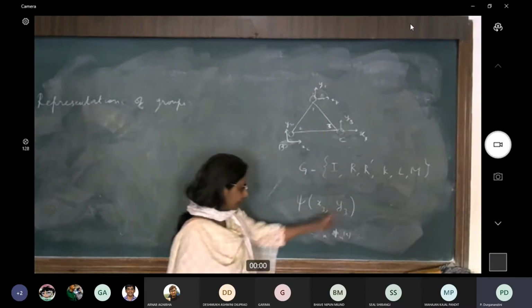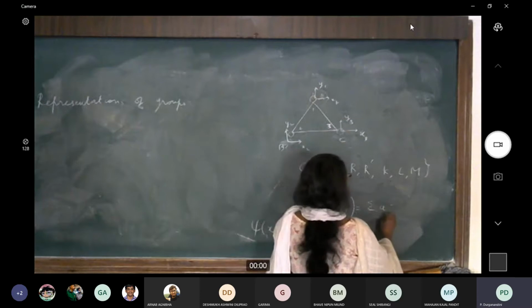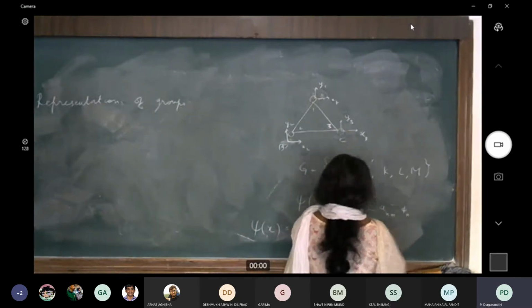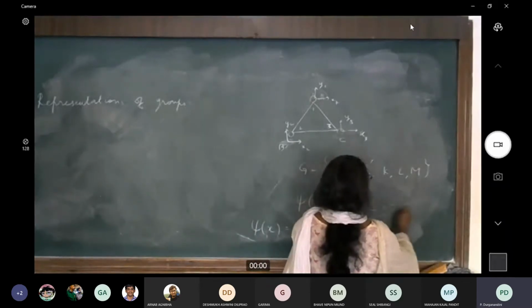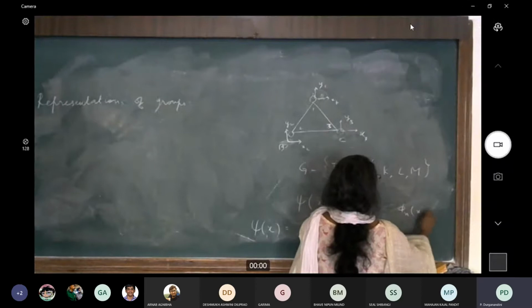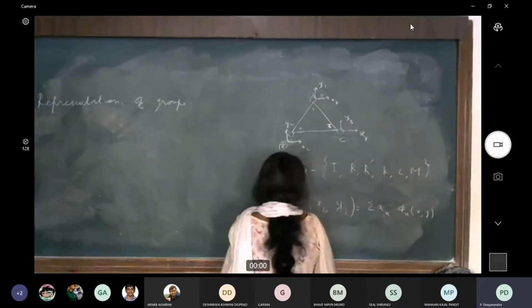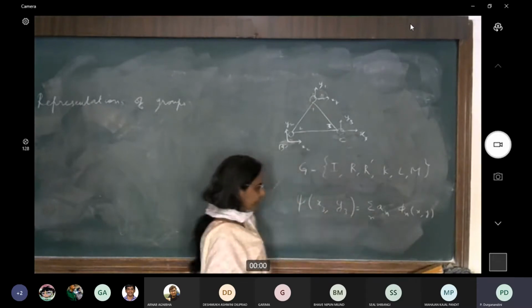But now my basis functions themselves will have x, y dependence. Is this correct? I can make an expansion like this.